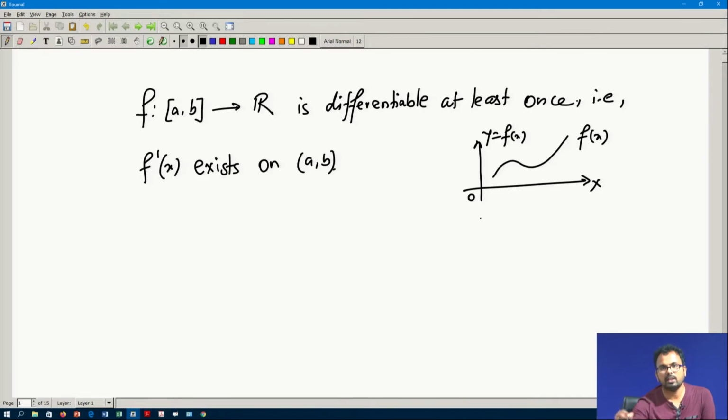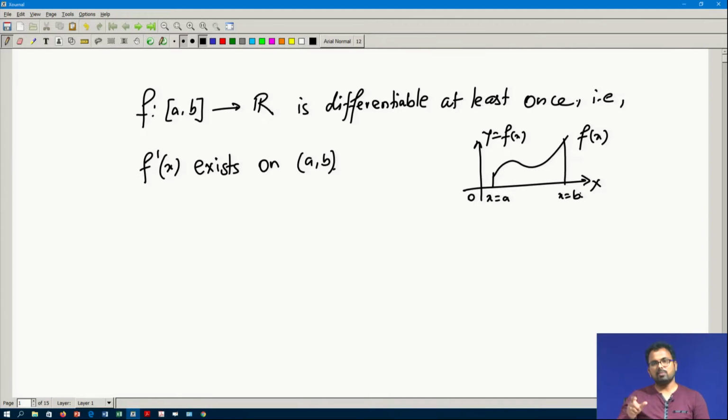Suppose this is my point x equals a and this is my point x equals b. Basically what we are trying to say is that the function is differentiable at every point from a to b. That means you can draw the tangent at every point. So f dash x exists, it means that the derivative dy by dx is equal to the slope of the tangent. I hope you have learned that concept.